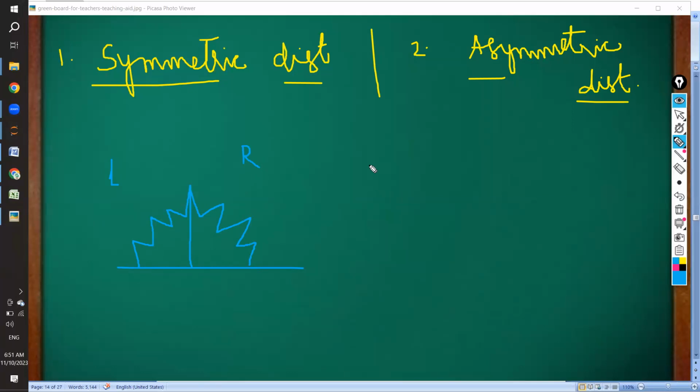If the left side portion is not equal to the right side portion, that is an asymmetric distribution.